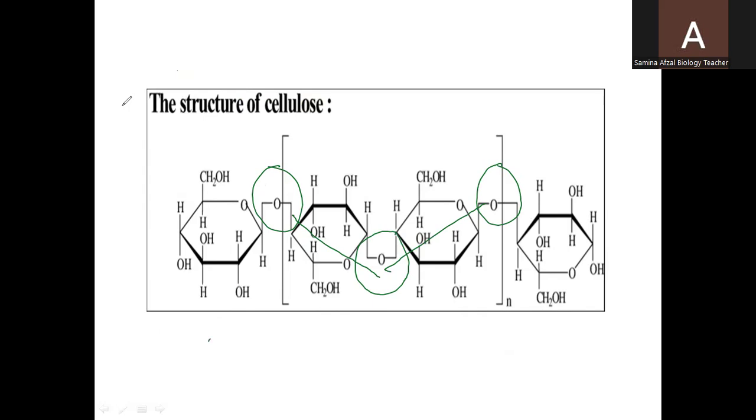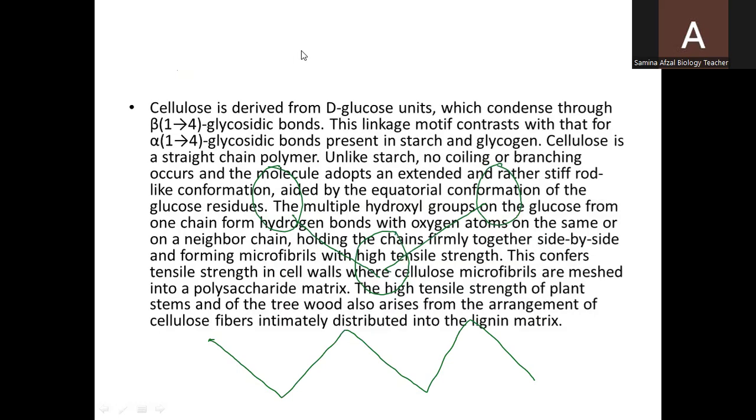It will form in this way because the molecule has been revolved or rotated through 180 degrees, and a long chain of cellulose is formed in this way. So it gives a great advantage. This type of glycosidic bond gives a great advantage to the plants.